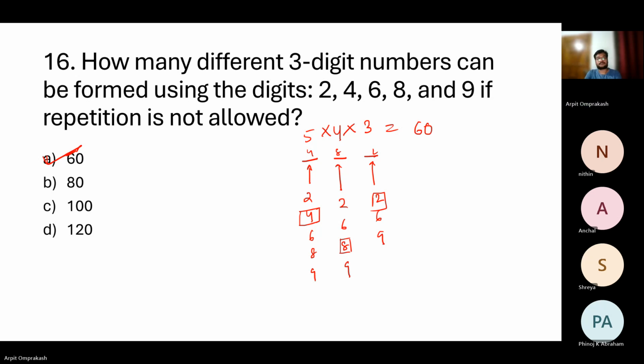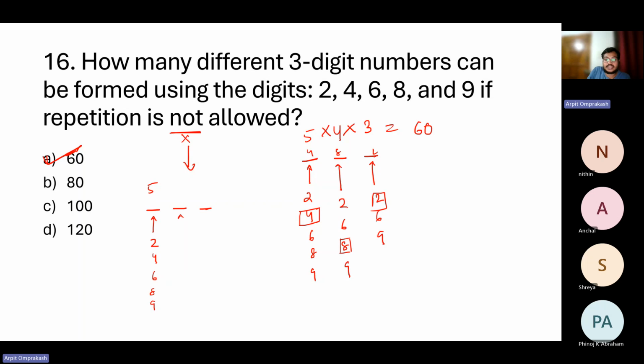Great. Now, if we were asked how many different 3-digit numbers you can make using these digits if repetition is allowed, then we again have 3 blanks. Since repetition is allowed, the first can be 2, 4, 6, 8, or 9, so 5 options.